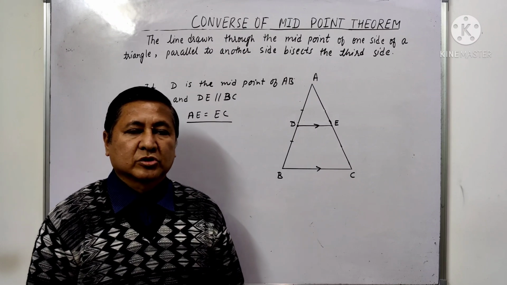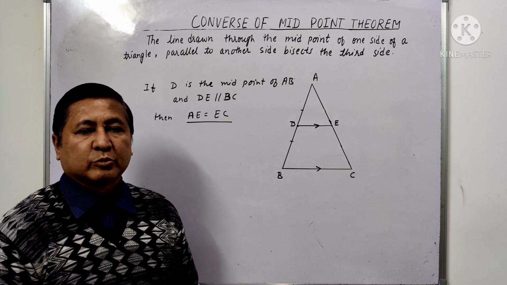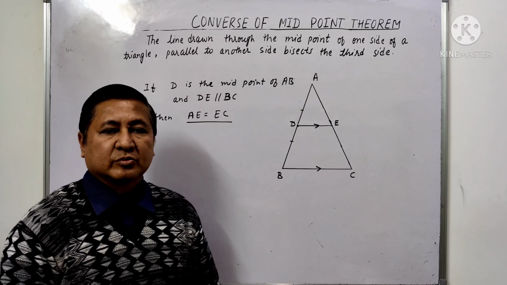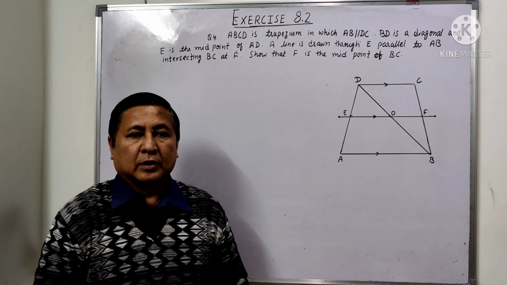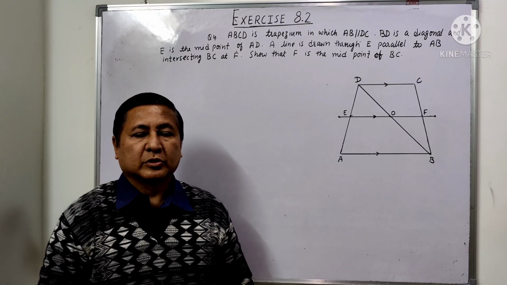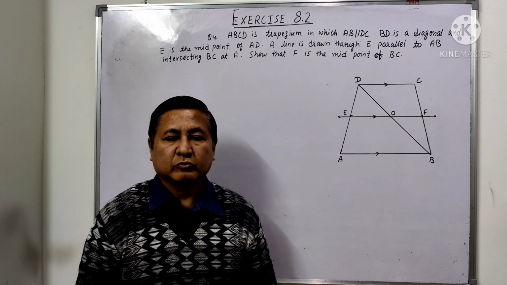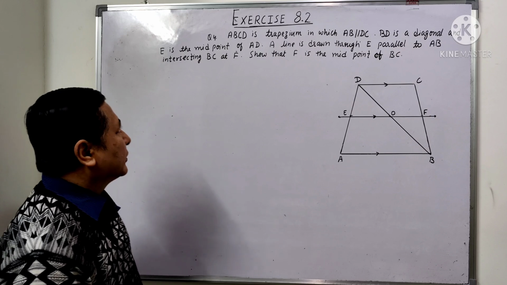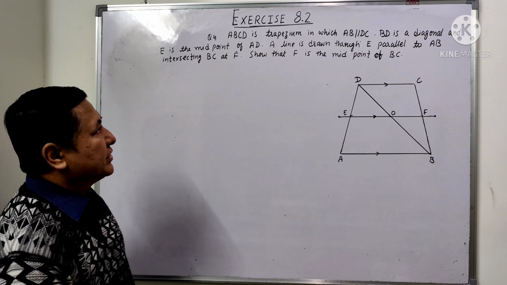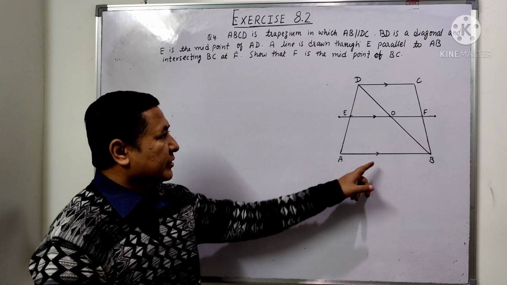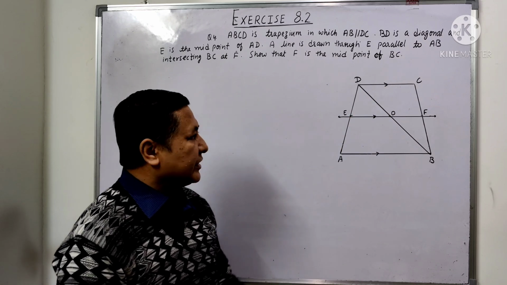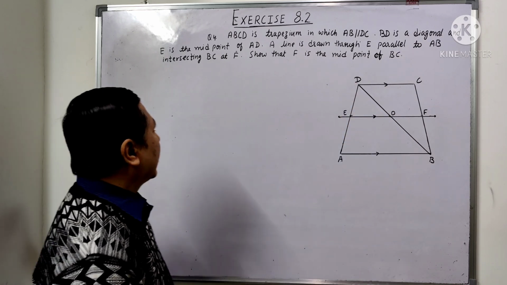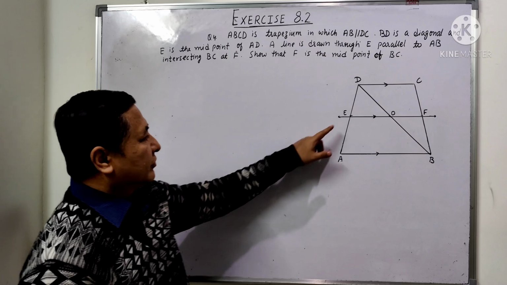Now let us solve the question based on the converse of midpoint theorem from the exercise 8.2. Let us solve question number 4 of exercise 8.2. In this question it is given that ABCD is a trapezium in which AB is parallel to DC, BD is a diagonal and E is the midpoint of AD.